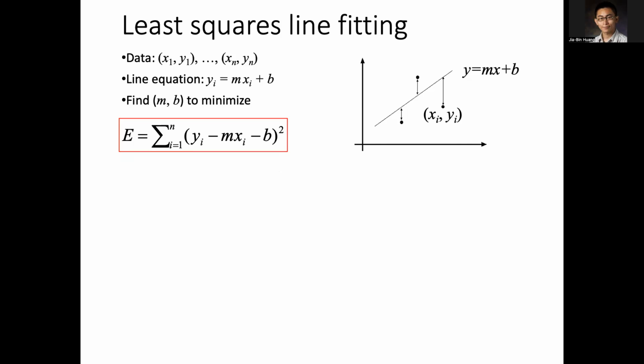As we talked about last time, you have an objective function that is a function of two parameters, m and b. The way you solve this is to take the derivative over m and b and set them to 0. Then you can solve this.